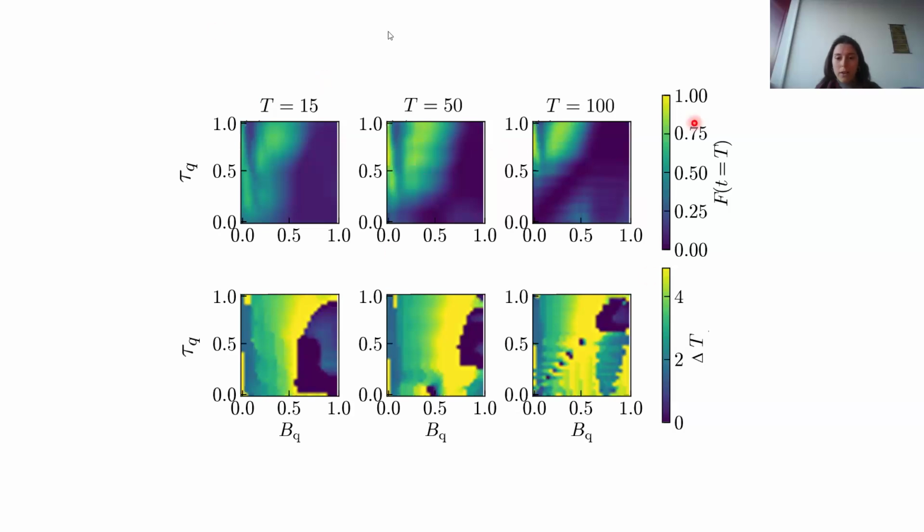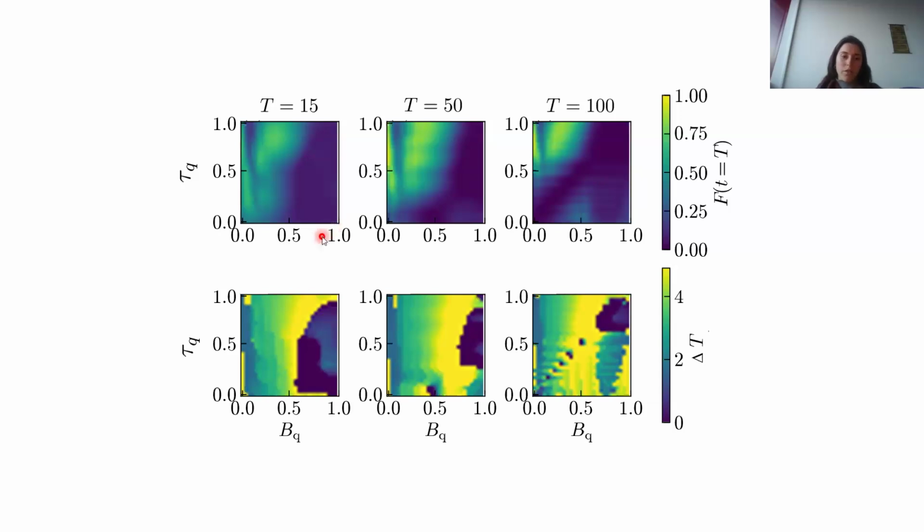I went a bit quick over this slide, but what we did is set the final annealing time and vary the parameters tau q, bq, and delta t that I'm showing here in this extra heat map. In this case, what I'm showing is the heat map of the values of the fidelity while varying tau q and bq.